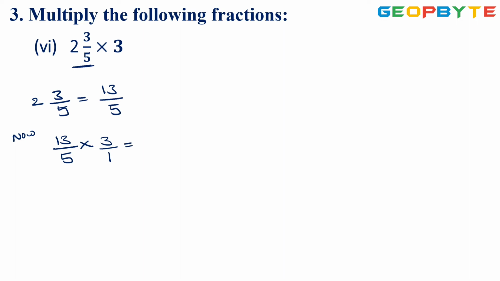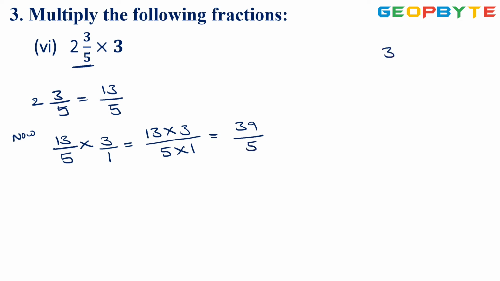So by the rule of multiplication of fractions, first we need to perform product of numerators by product of denominators. So product of numerators 13 into 3 by product of denominators 5 into 1, which is equal to 13 into 3 is 39 by 5 ones are 5.